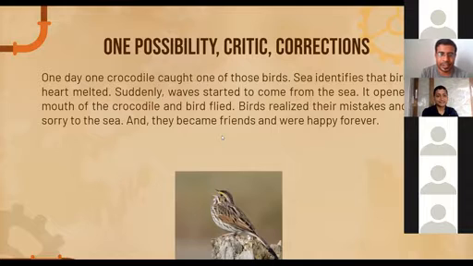Okay, so because we are running out of time, I will ask one question. So this critical aspect comes whenever we think about what the assumptions are, right? So coexistence, okay. That wave will open the mouth of the crocodile. Yeah, that is the assumption again. Very nice. Also, it says that one day one crocodile caught one of those birds. So we are assuming that there are crocodiles in sea, right?